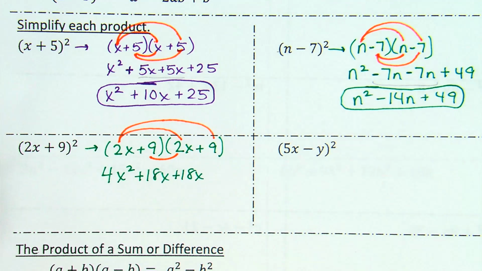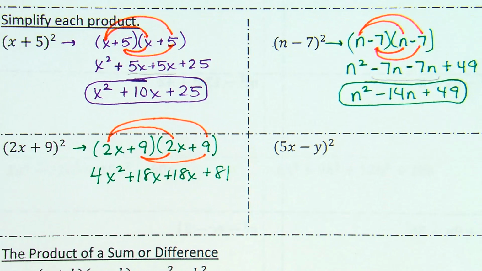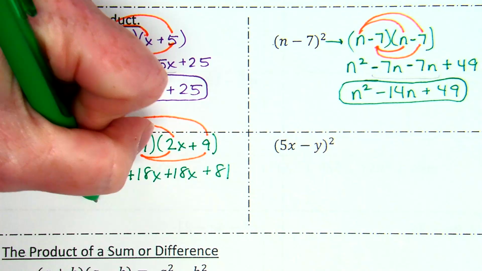And 9 times 9, which is? Then we add 18 plus 18. We're adding those middle terms, 18x plus 18x. 36. Good.